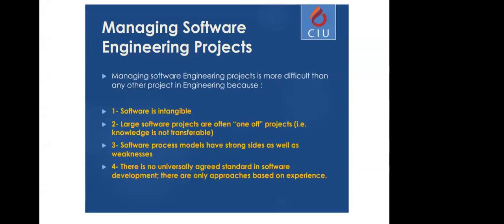Software project processes, which we covered in the previous lectures, also have their weak and strong sides. There is no one agreeable standard way to develop all software. Each project is unique. The way that you develop a mobile application is very different than developing a hospital system.